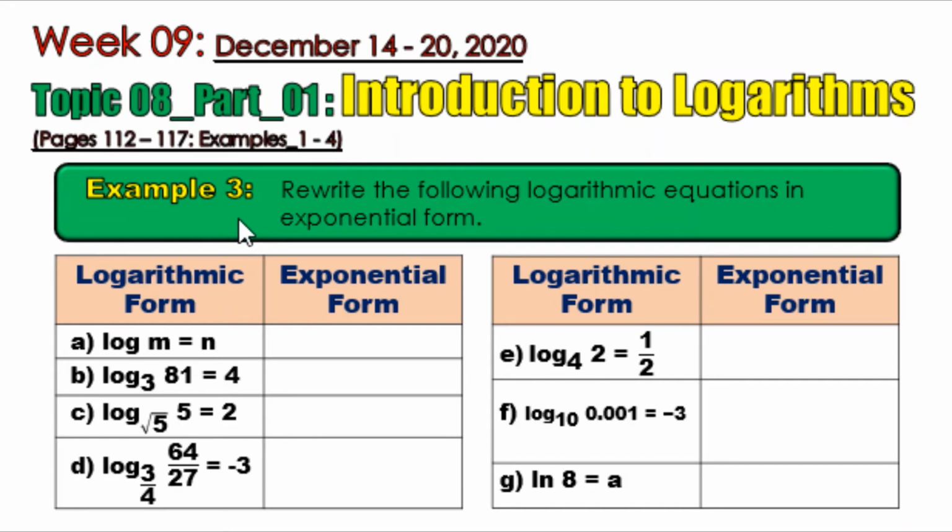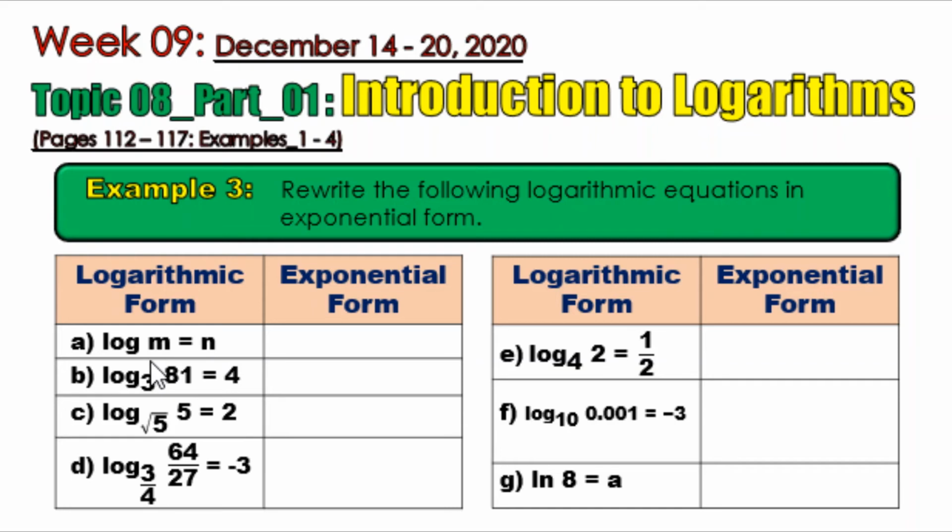For example, number 3, we write the following logarithmic equations in exponential form. So for the first column, we have logarithmic form, and for the second column, we have exponential form. Let us start with letter A. Logarithm of m is equal to n.